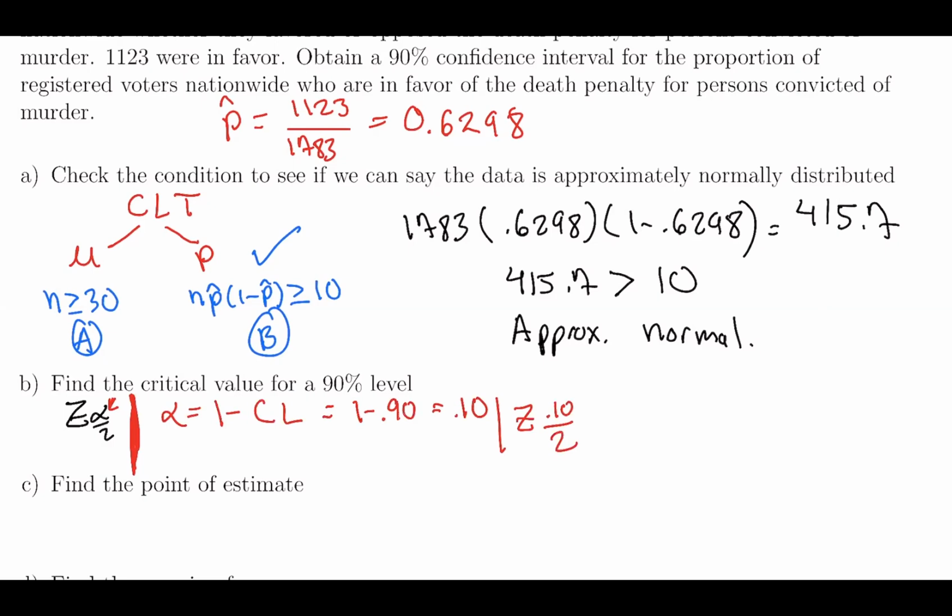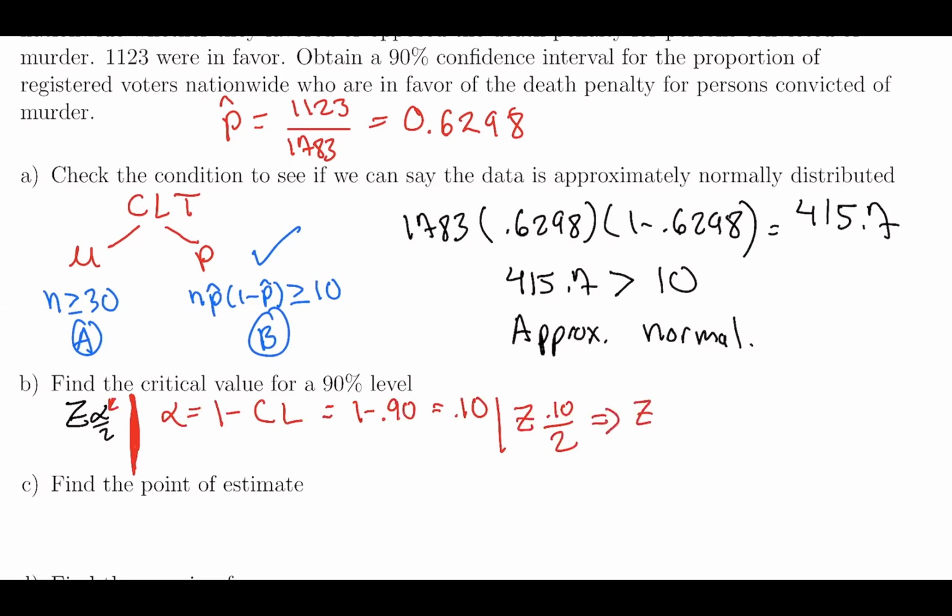Everybody good how we got 0.10 divided by 2? All right, so what's 0.10 divided by 2? Yeah, 0.05.